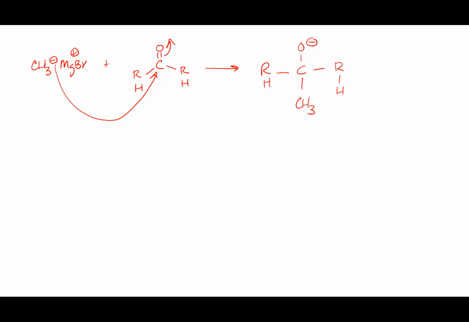So it hangs out, and what does it do? It waits for the H plus to come in, and this reaction is a two-step reaction. First I add my C minus, and then when the reaction's over, I add my H plus. That's why in this reaction you will see H plus. In my problems, you will see something like the Grignard and the carbonyl in step 1, and then step 2, H plus, H2O.